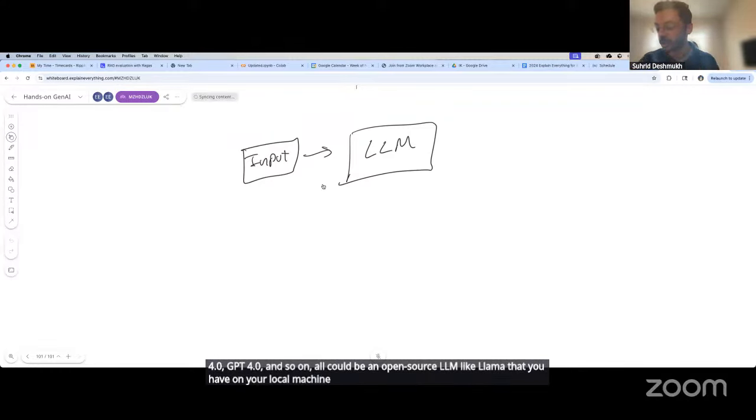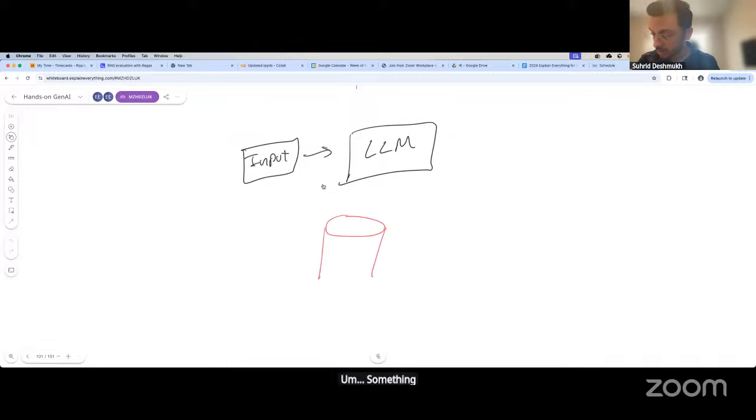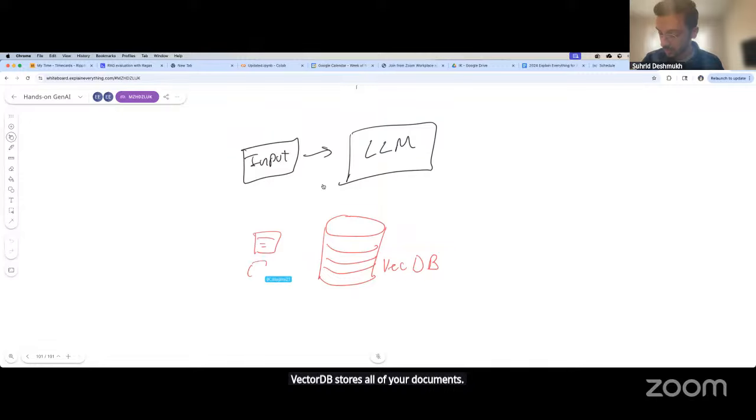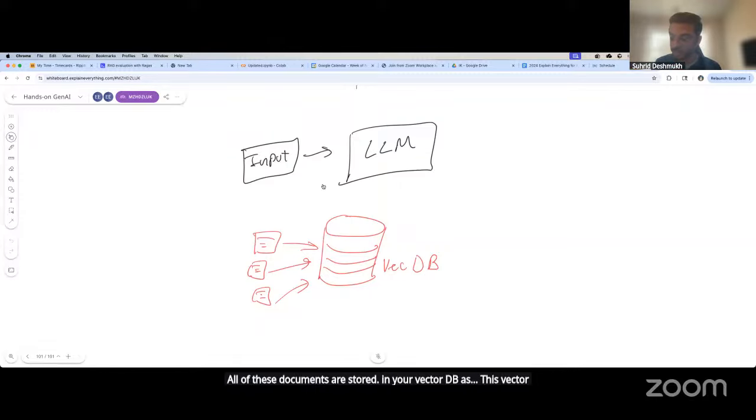That doesn't matter. Something that we haven't talked about is this vector DB. Vector DB stores all of your documents. All of these documents are stored in your vector DB as this vector representation.